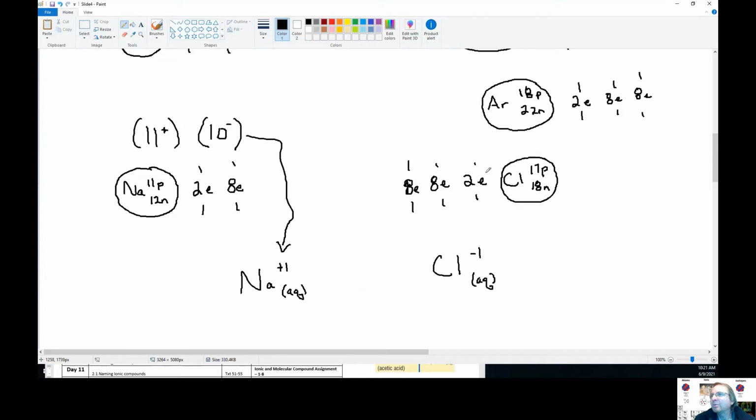Here, with the chlorine, we've got 17 protons, so 17 positives. But now we have 18 negatives, because electrons are negatives, right?